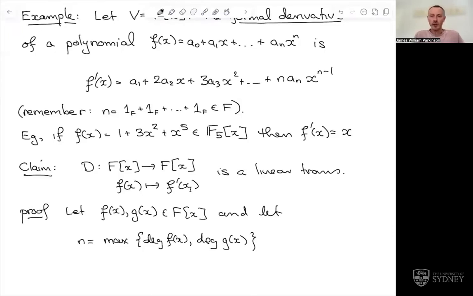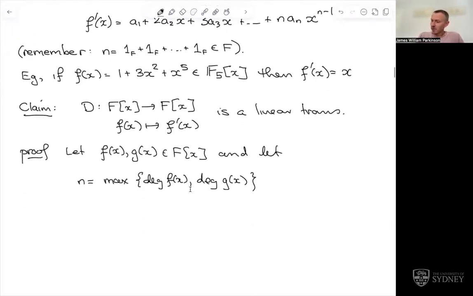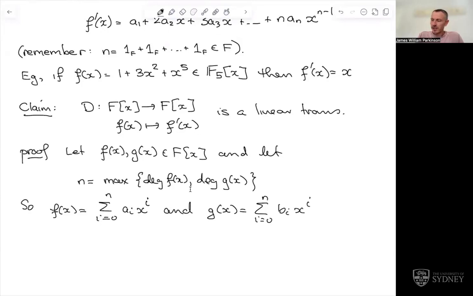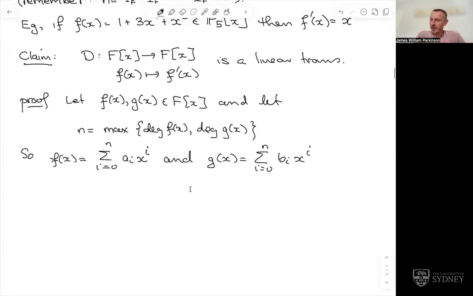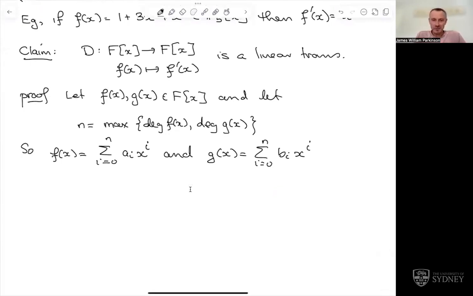So then f of x is the sum i equals 0 to n of a_i x^i, and g of x is the sum of b_i x^i. And the reason I've taken n to be the maximum degree is that if one of them had a smaller degree than n, I've just filled up its coefficients with 0 so that I can write them both as sums up to n.